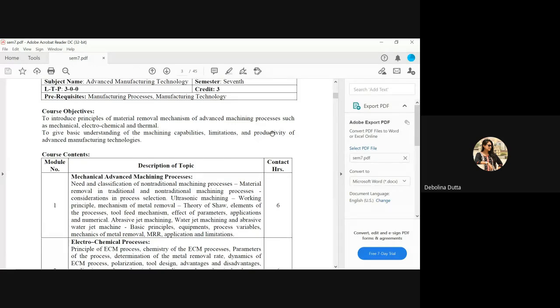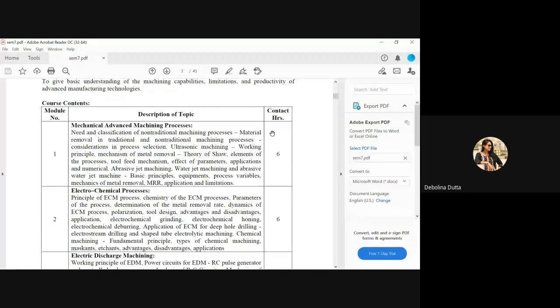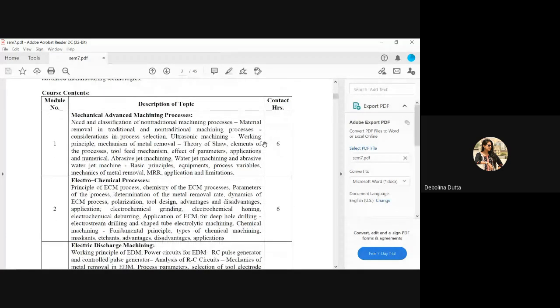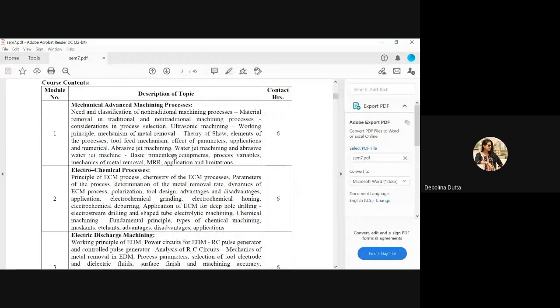So what we have in this semester with this particular subject is some non-traditional processes. Okay, this comes under the advanced manufacturing processes, which are also known as the non-conventional or non-traditional manufacturing or machining processes.